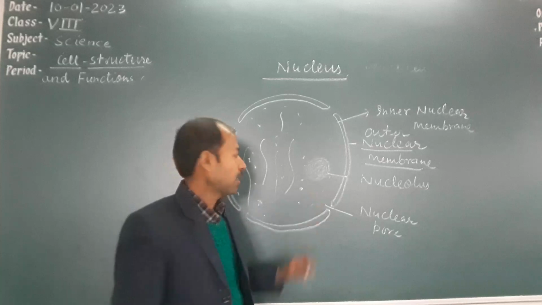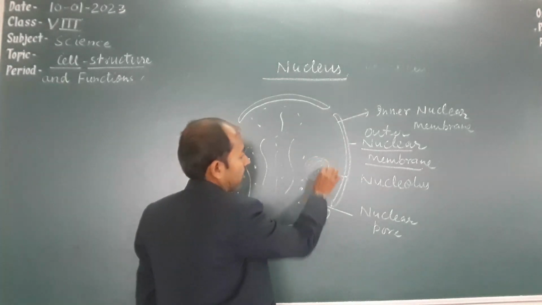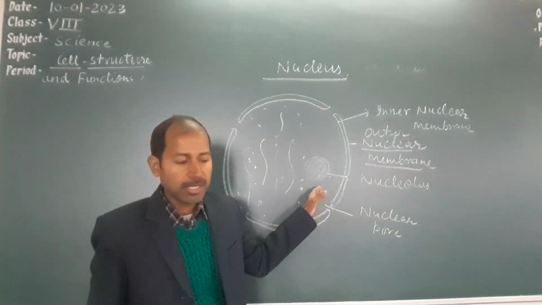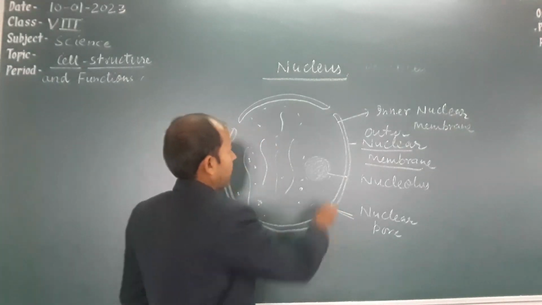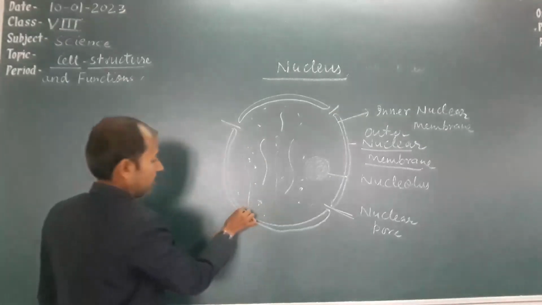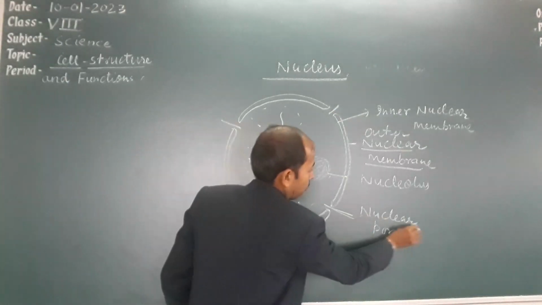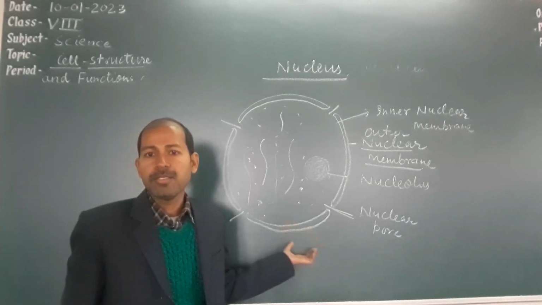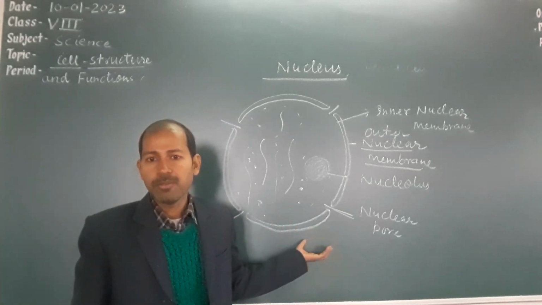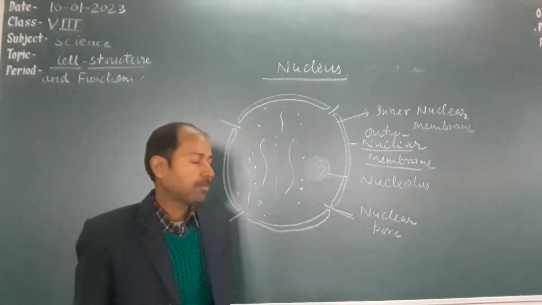The second part is the nucleolus, it is a small part of the nucleus, and here you see there is a space, it is called the nuclear pore, and through the nuclear pore there is exchange of material from time to time according to the need of the cell.